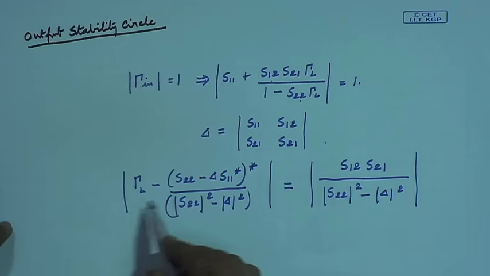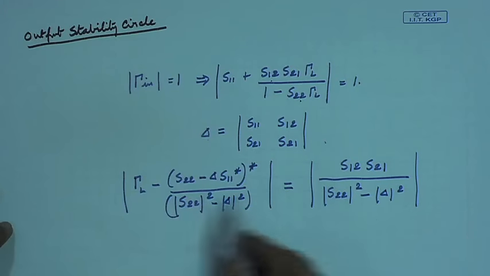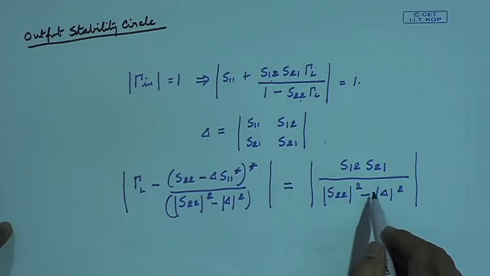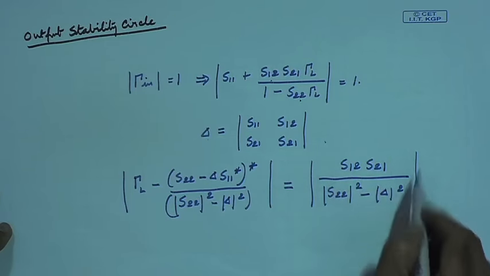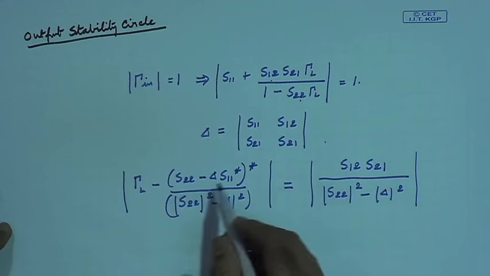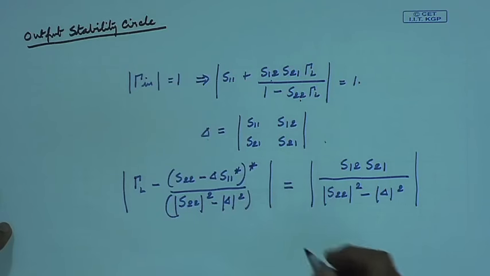So, gamma L can be written as a real number, which is the magnitude of the whole thing, plus this complex number magnitude.